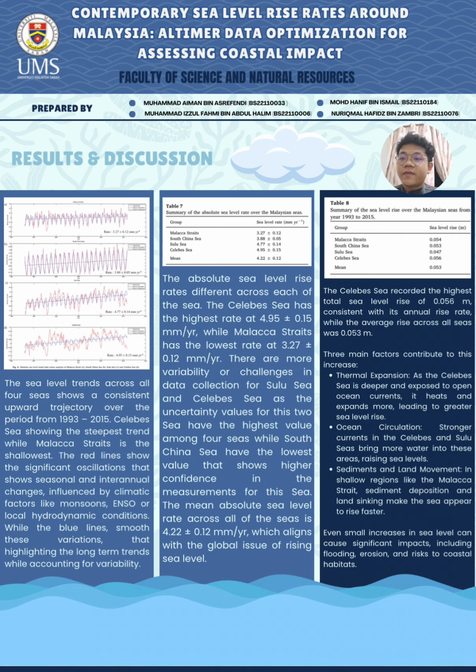So the absolute sea level rise rate is different across each of the seas. The Celebes Sea has the highest rate at 4.95 mm per year, while Malacca Strait has the lowest rate at 3.27 mm per year.